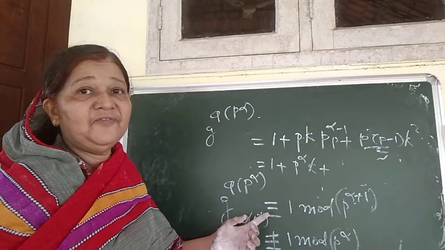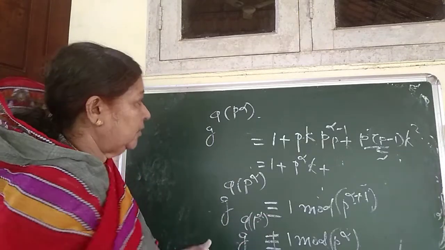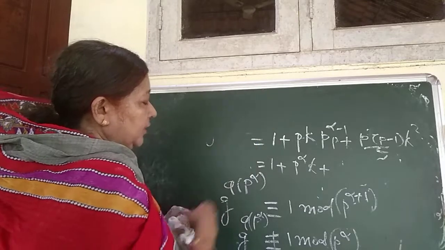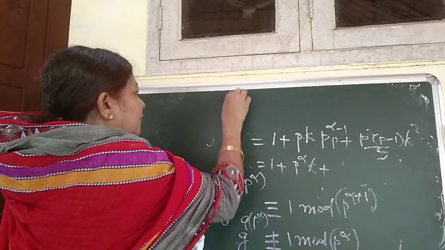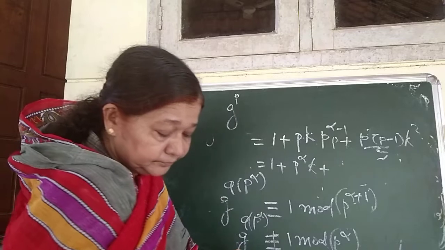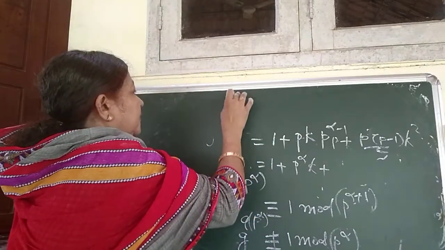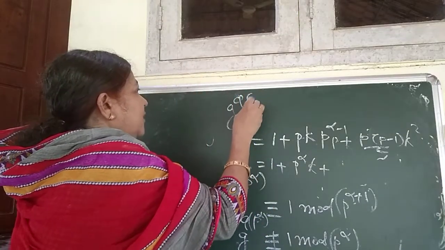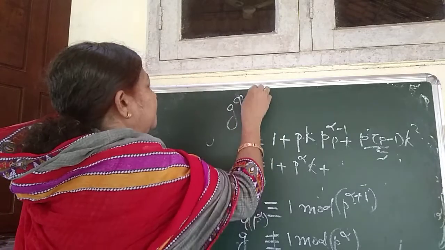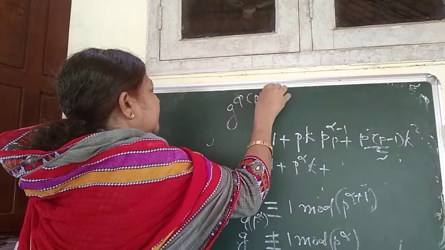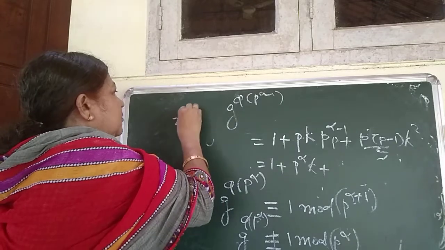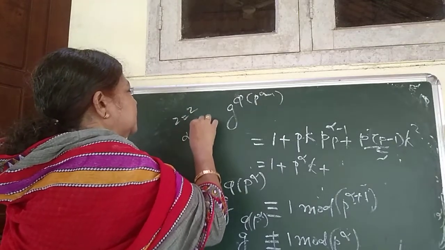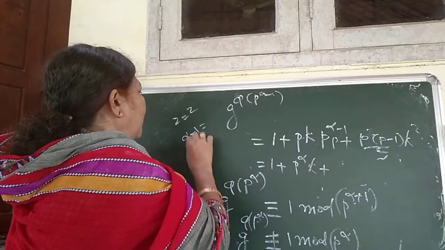But for alpha equal to 2, we know g raised to phi of p raised to alpha minus 1 is considered. Alpha equal to 2, we have alpha minus 1 equal to 1.